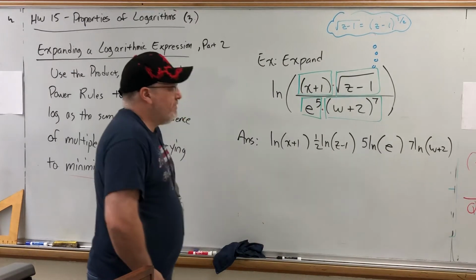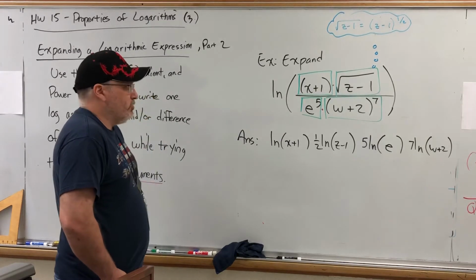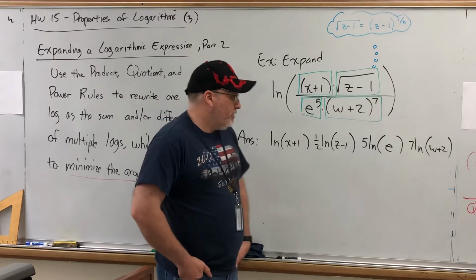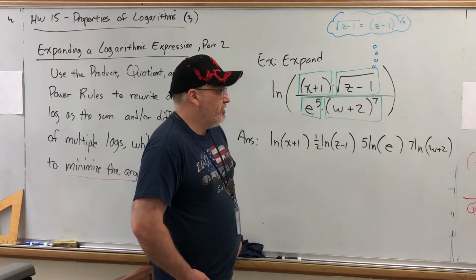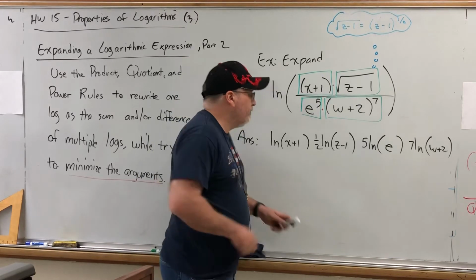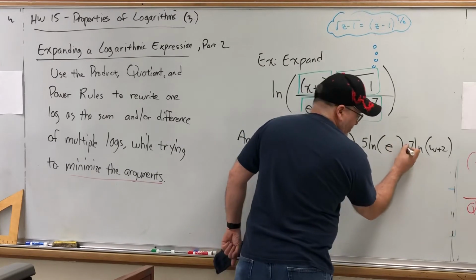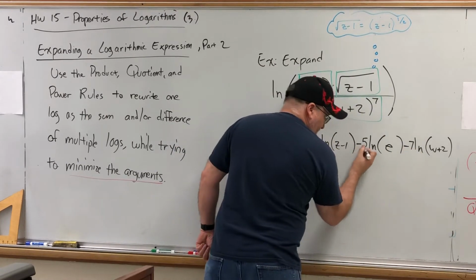The only other thing you have to negotiate is which of these logs are positive and which are negative, and the answer is really simple. If the log's argument was originally in the numerator, that log is positive. If the log's argument was originally in the denominator, that log is negative. So the w plus 2 was in the denominator, its log is negative. The e to the 5th was in the denominator, its log is negative.